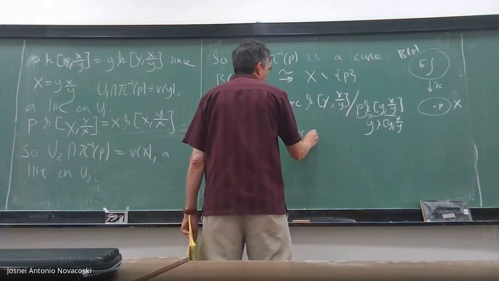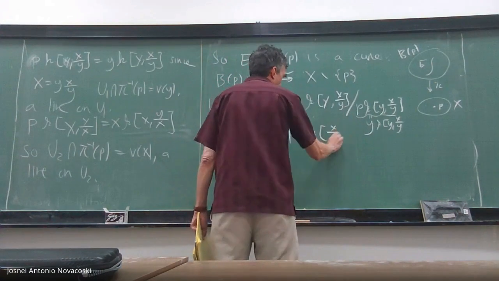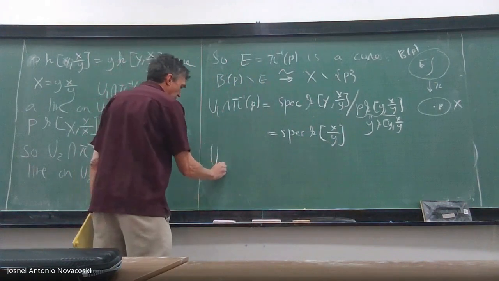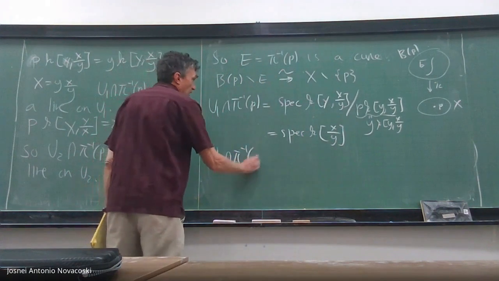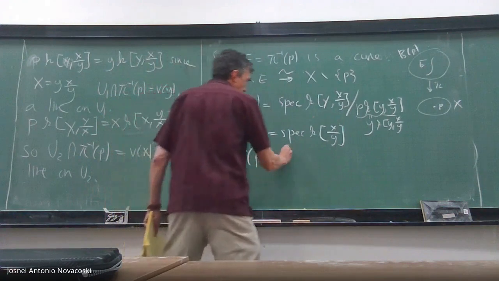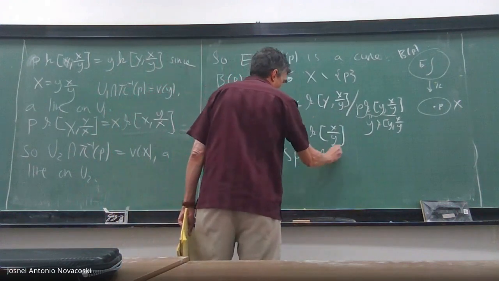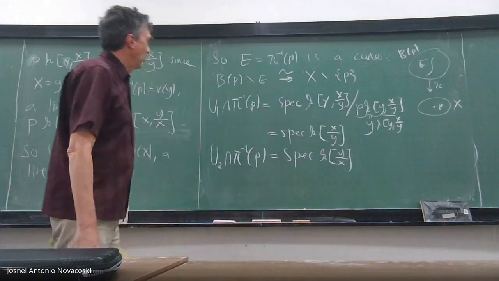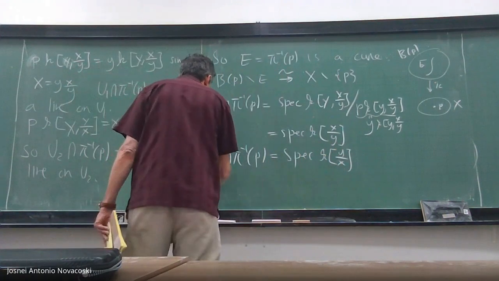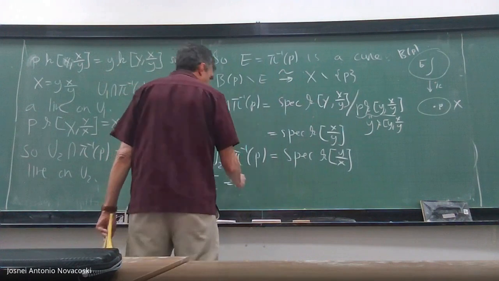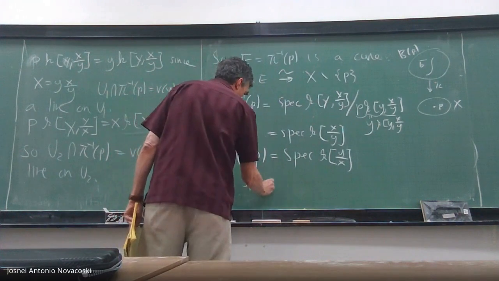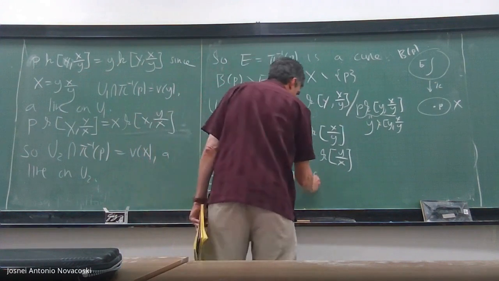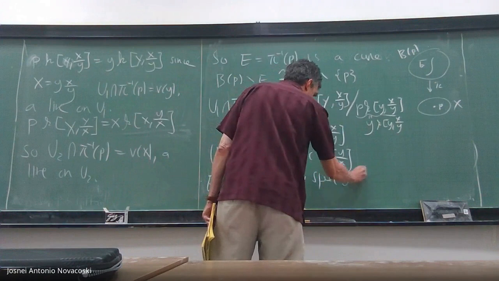This is just Spec of K[X/Y]. And you can check the same kind of calculation shows that this is equal to Spec of K[Y/X]. So we know that E is the union of these two, the spectrum of K[X/Y] union Spec of K[Y/X].